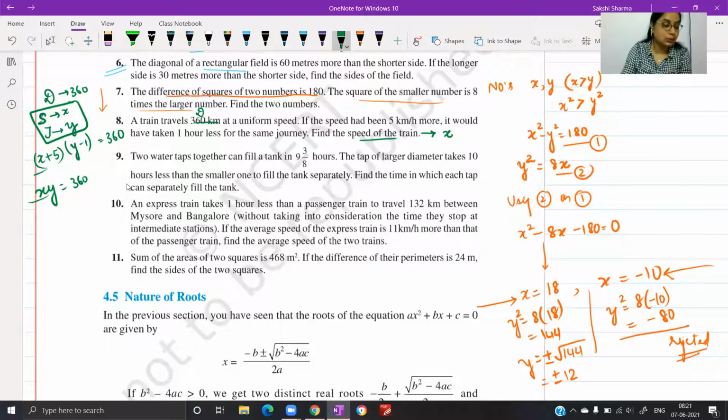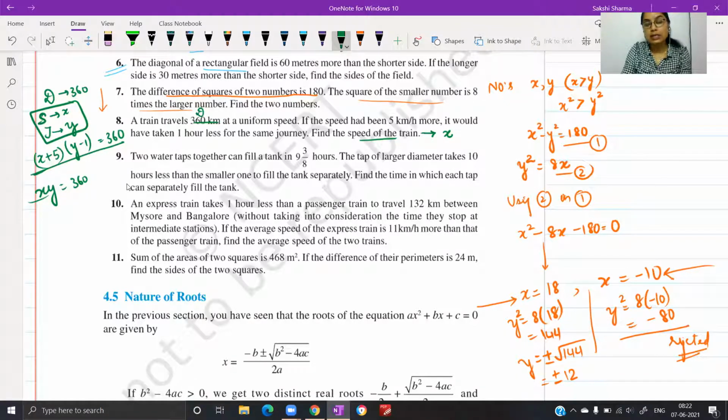If you do it this way, I think the product xy you will replace with 360, but you will still have products with x and y, so you will still be left with two variables in your equation. The first relation you made, (x + 5)(y − 1) = 360, xy will be replaced by 360, but after that you are left with two variables, one term containing x and one term containing y. It will be a linear equation in two variables. You have to convert it into a quadratic.